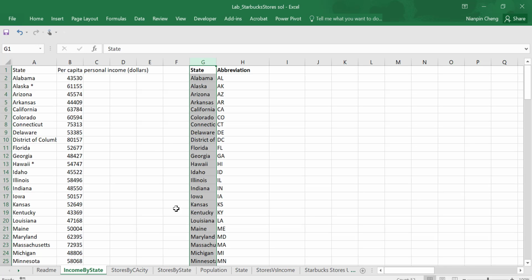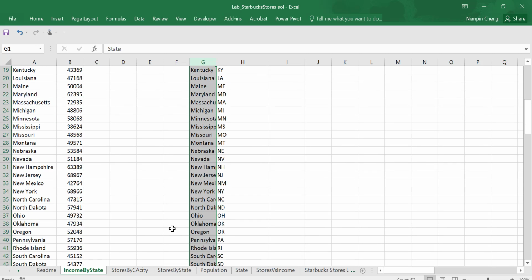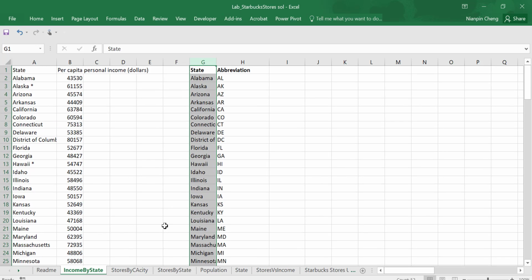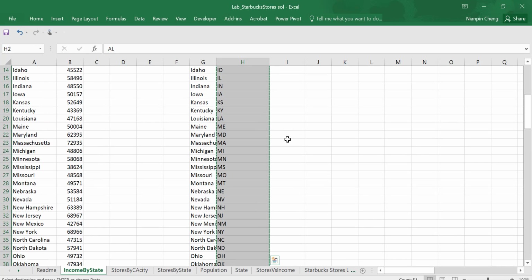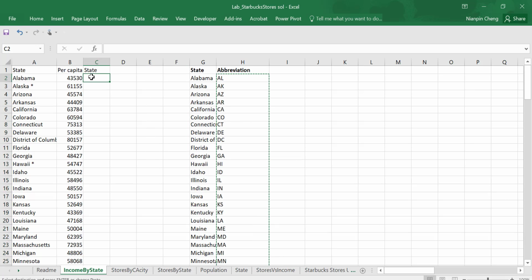So now it's good, okay? So it's matching. Then we can have a state here, which is the abbreviation of the state names. So you just paste here. So now this is the information we would like to have.